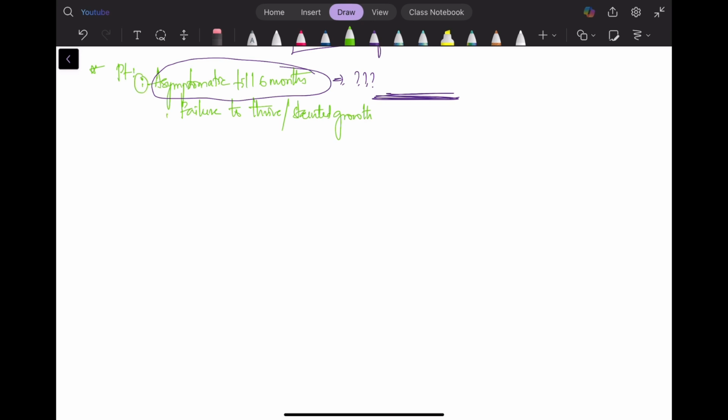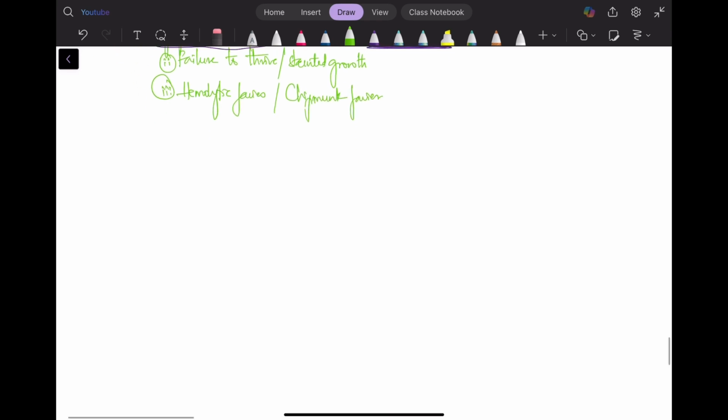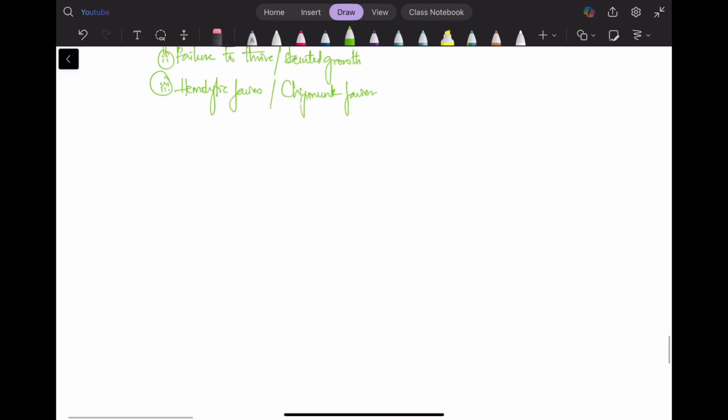Then what else? Hemolytic phases. This is very important. Like we can say it as chipmunk phases, right? Chipmunk phases. And one more, crew cut appearance or hair on end appearance on skull x-ray.